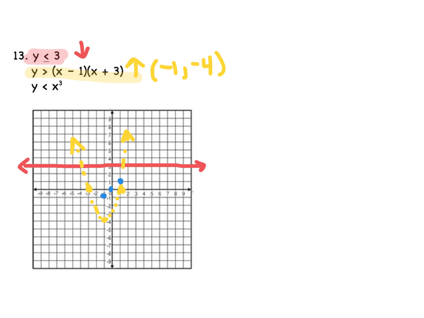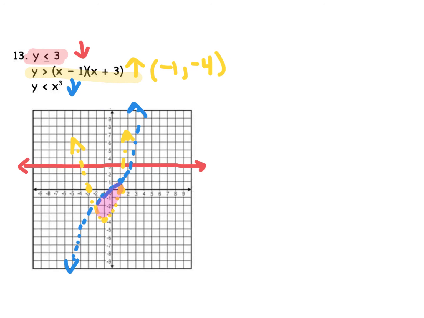Looks something like this. And it will be below this one. So, below the red and blue, but above the yellow, will be this region in here.